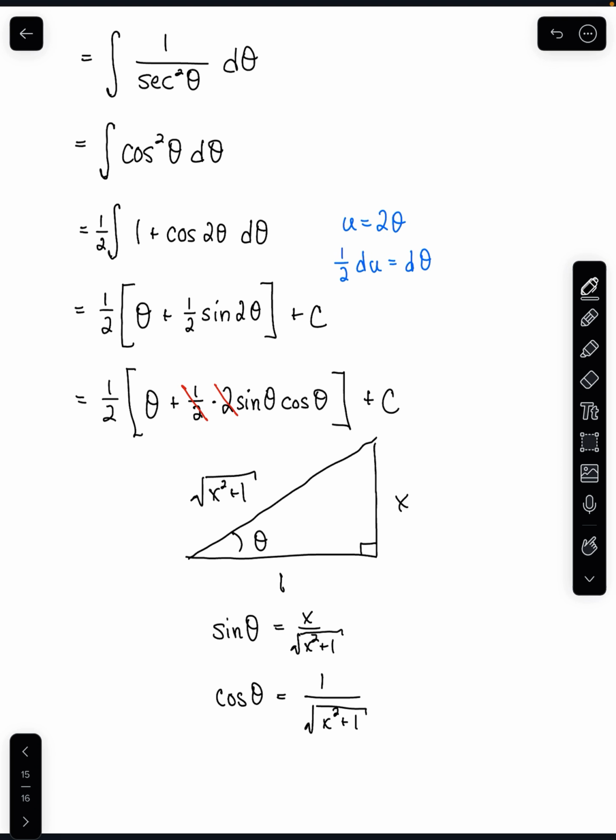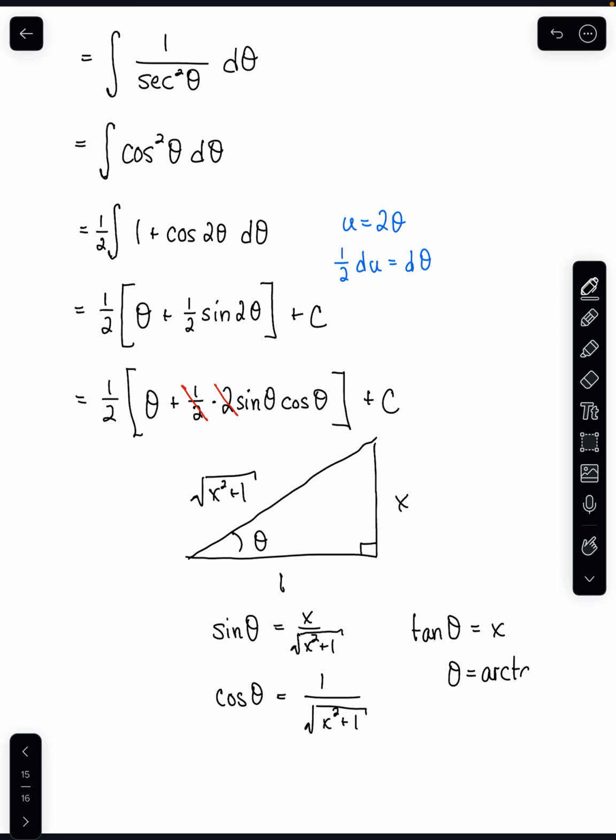The other we're missing is the value of theta itself, which we do already have from the previously established relationship that tangent of theta is equal to x. This was the substitution we used originally. This can easily be solved for theta by using the arctangent.